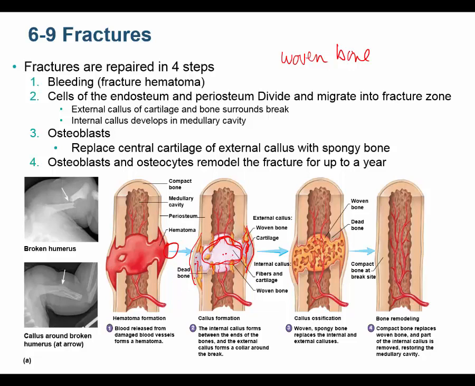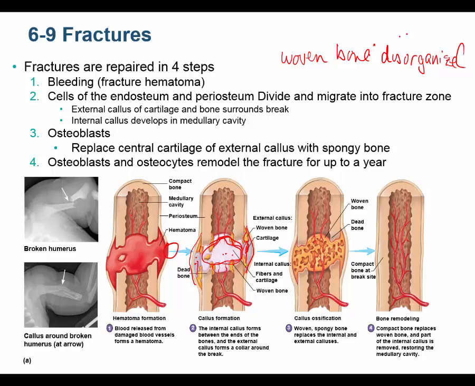Now, what is woven bone? Woven bone is disorganized. It doesn't have lamella. It doesn't follow any particular line of stress. It's just bone that's put in there that's very disorganized, that will hold some weight and some stress, but it's got to be remodeled to the normal spongy and compact bone that we are used to.